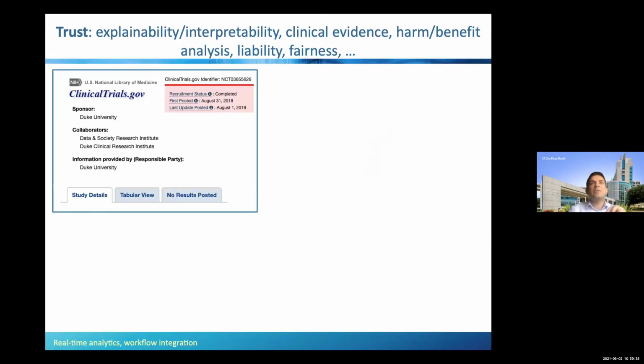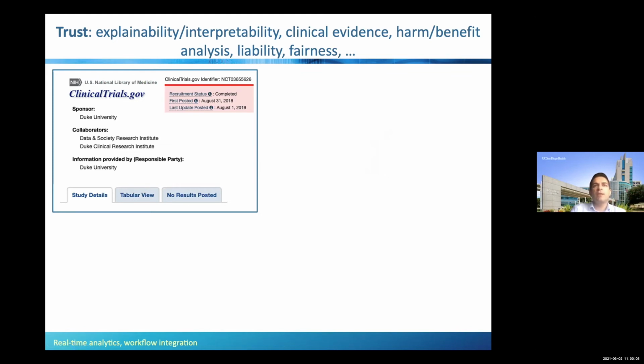Okay, that brings me to the next topic, which is the issue of trust. I'm going to go very quickly through this. There are a number of things that play into that. Explainability and interpretability are definitely very important, but also clinical evidence, harm-benefit analysis, liability, fairness, and many other topics. In terms of clinical evidence, at least in my world, it is very, very low.